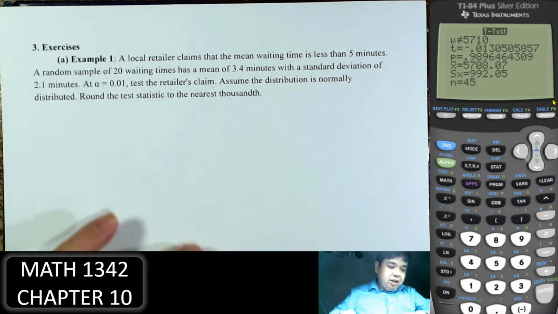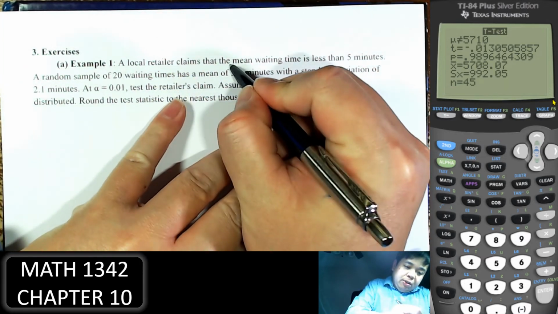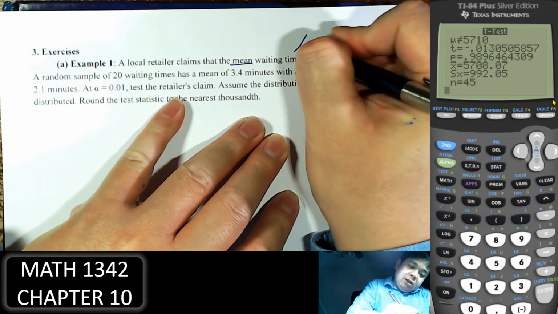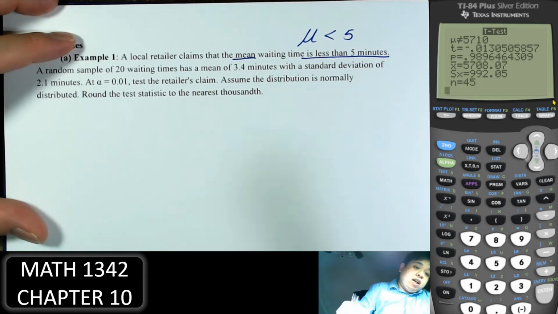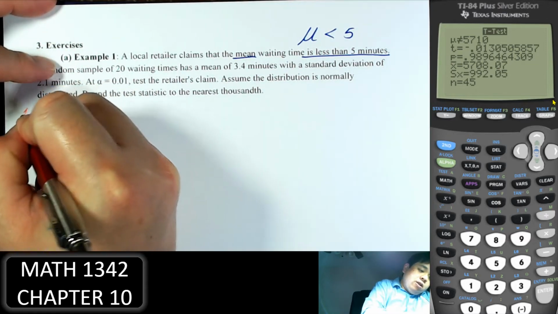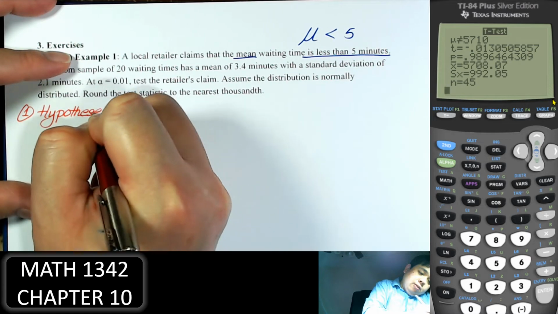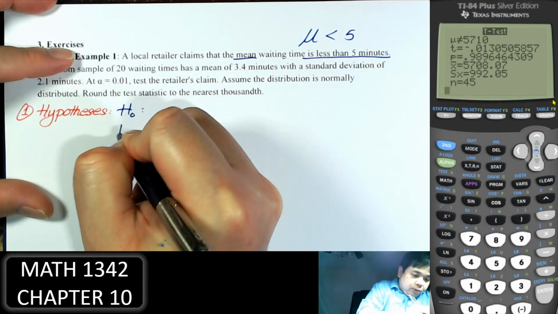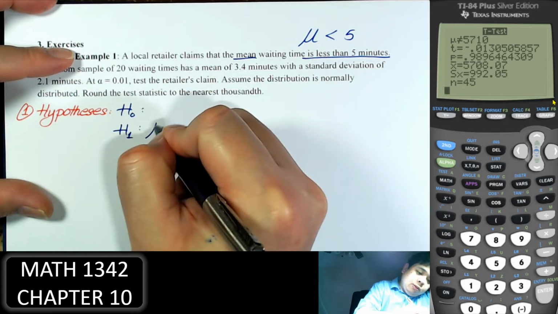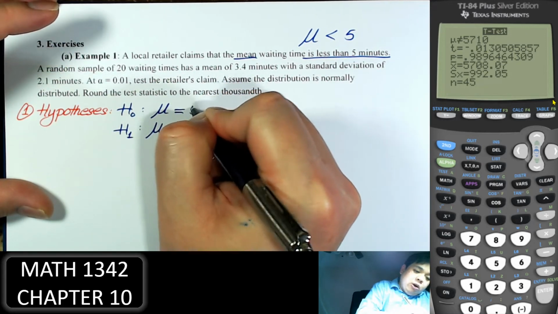More exercise. A local retailer claims that the mean waiting time is less than 5 minutes. So the mean is less than 5 minutes. It doesn't have the equal sign, so that will go to the alternative hypothesis. The null hypothesis is always equal to.